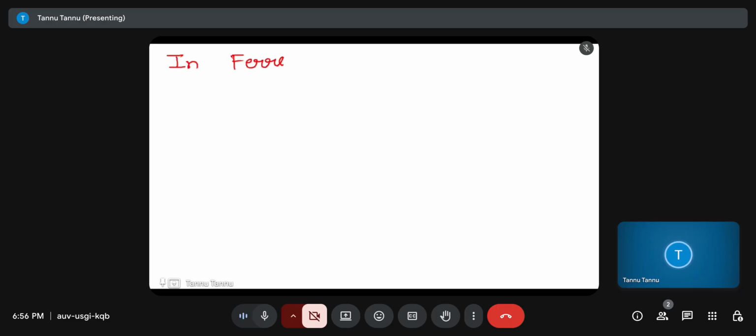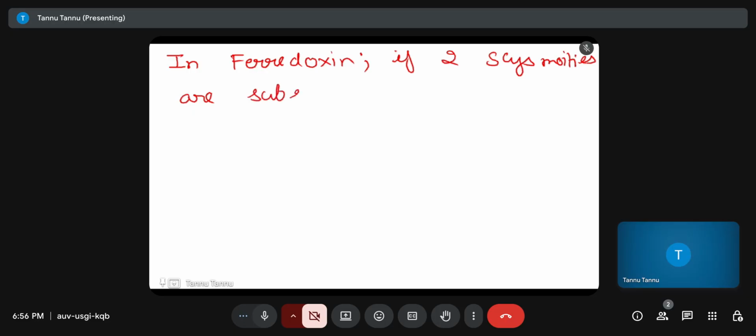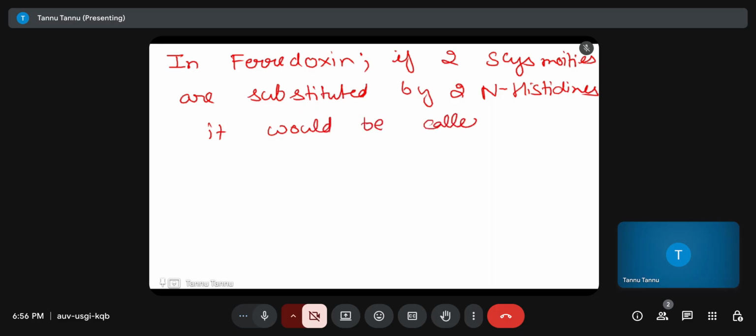So in ferredoxin, if two S-cysteine moieties are substituted by two N-histidines, it would be called Rieske protein.